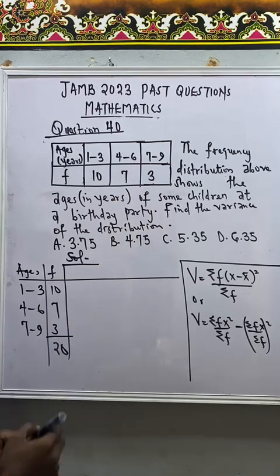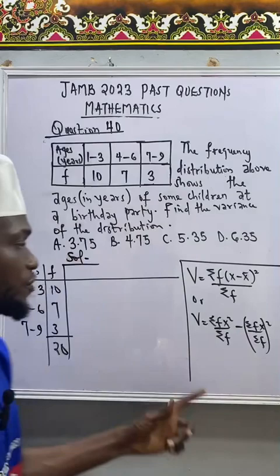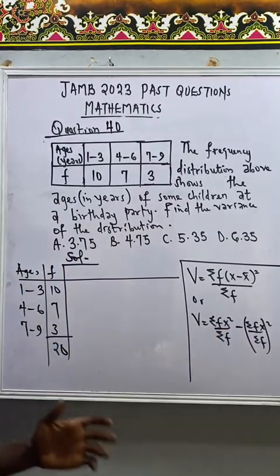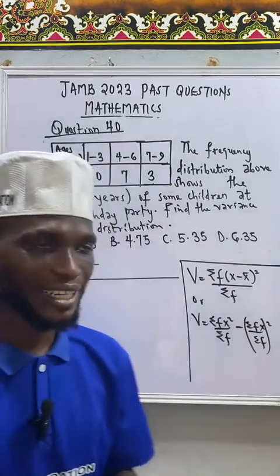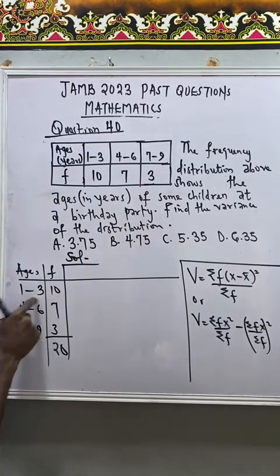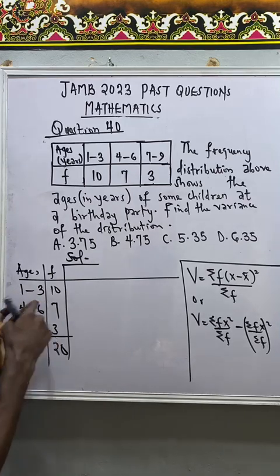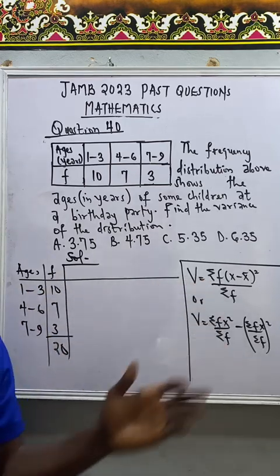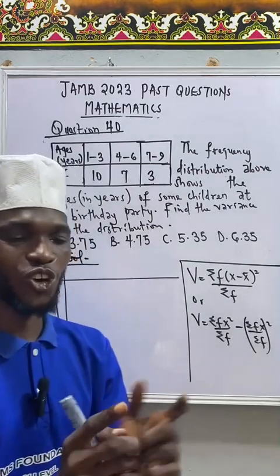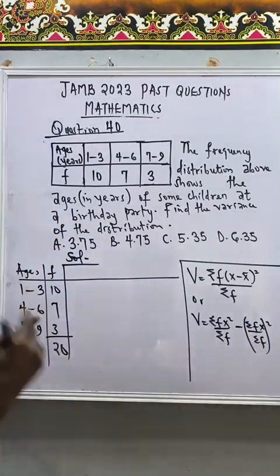Good. Another thing that I need from this formula is x. X represents the class mark, or you call it the mid-class mark. It's not possible for us to use all the scores here to compute the variance, so we need one specific score which will fall at the middle of each class.